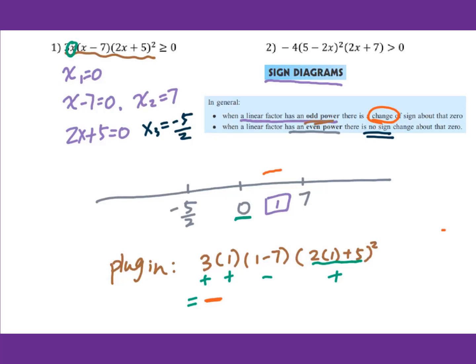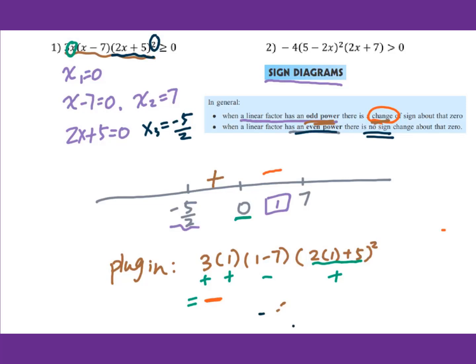Odd power means you have a change of sign about this 0. Therefore, this part is positive. Then we need to check this one, negative 5 over 2. The factor is here. Look at the exponent. That's even. Even power, no sign change.